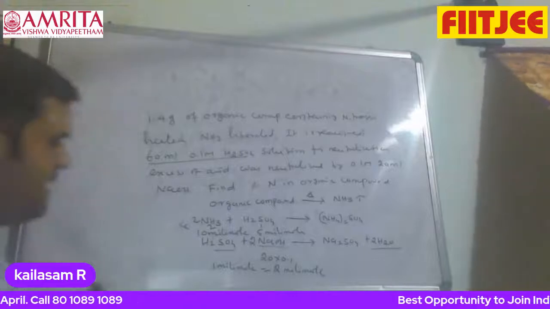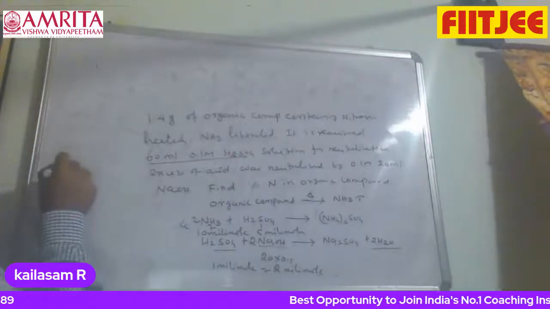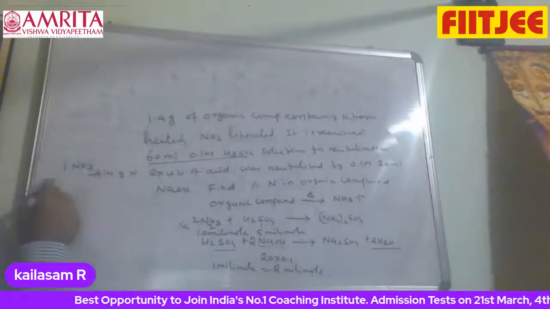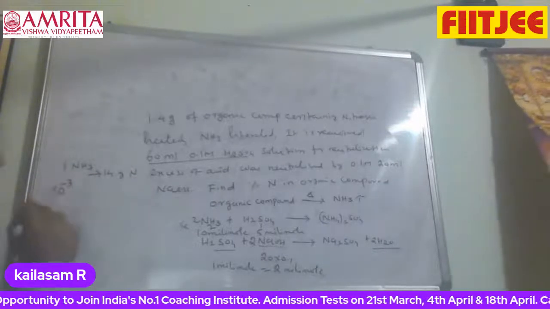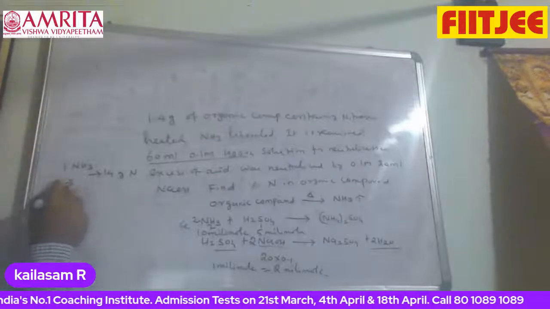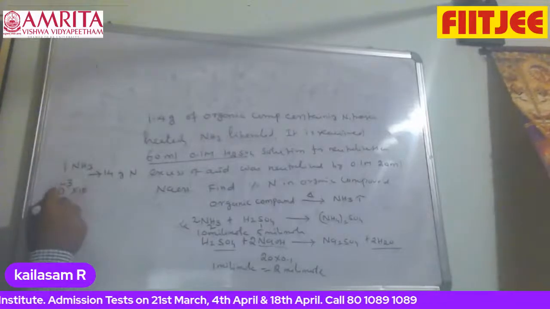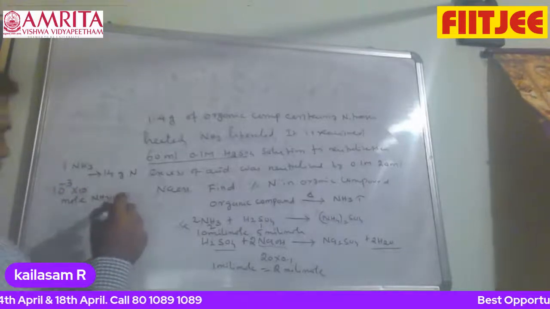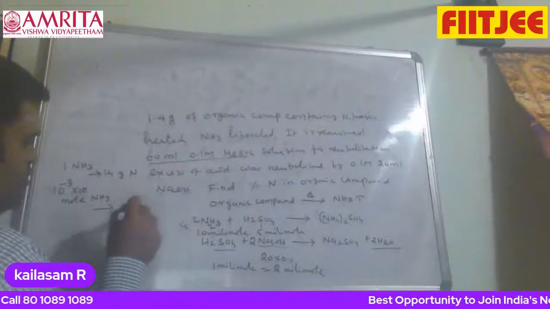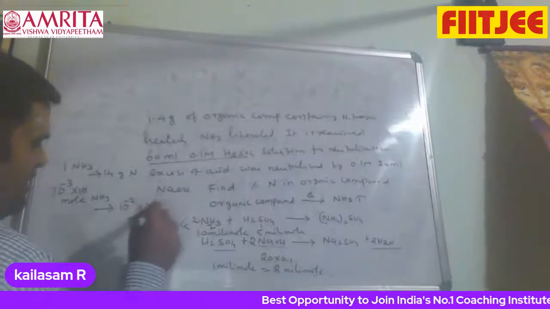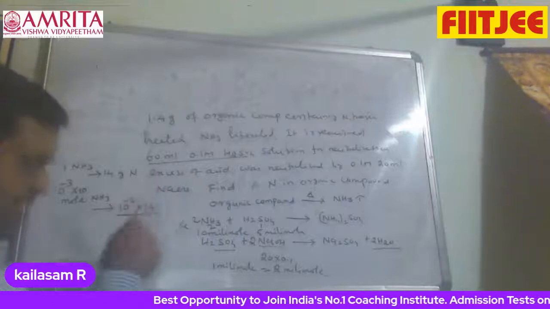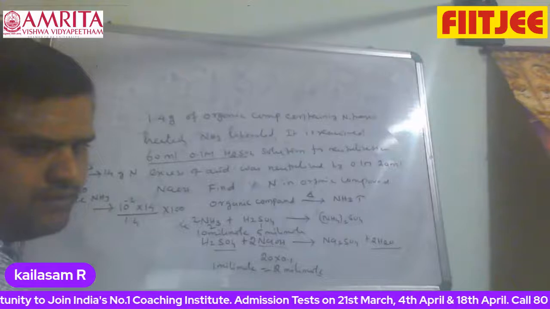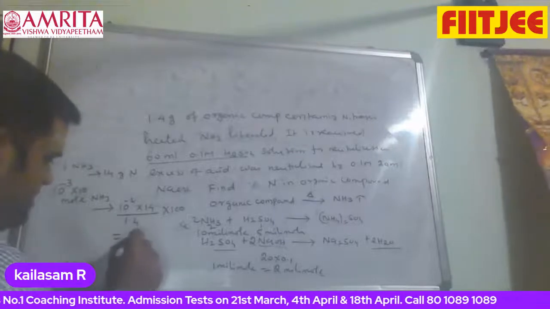Now we can say that 1 mole of ammonia has 14 gram of nitrogen. 10 power minus 2 mole of NH3 has 10 power minus 2 into 14 gram. The weight of the organic compound is 1.4, so 14 times 10 power minus 2 divided by 1.4 into 100 is nothing but 10%.